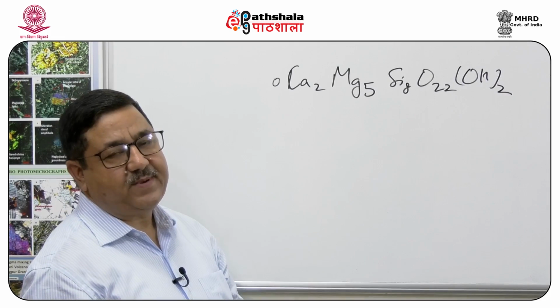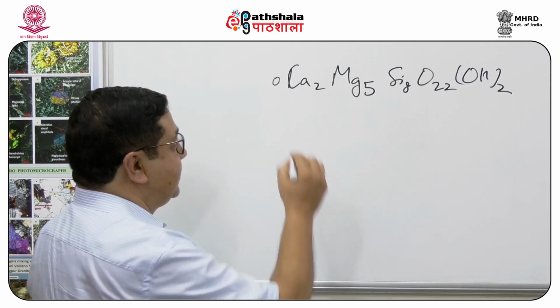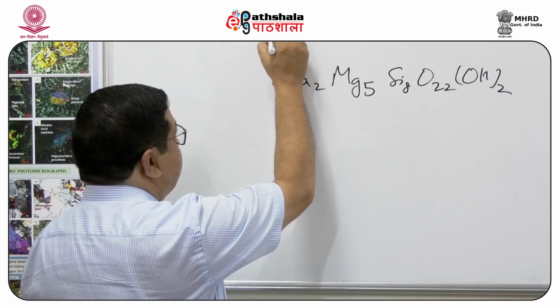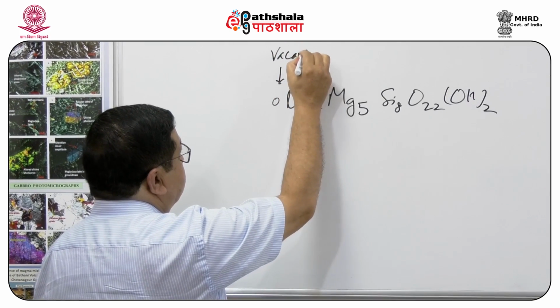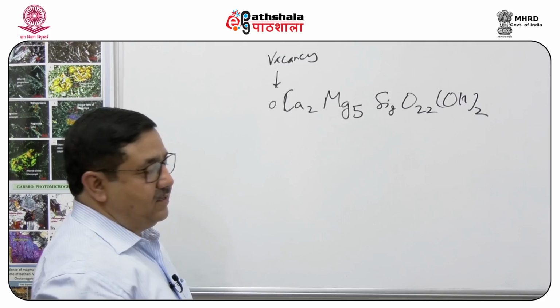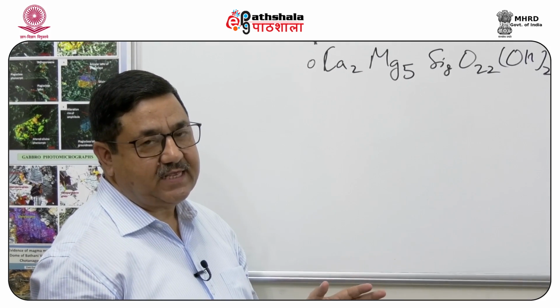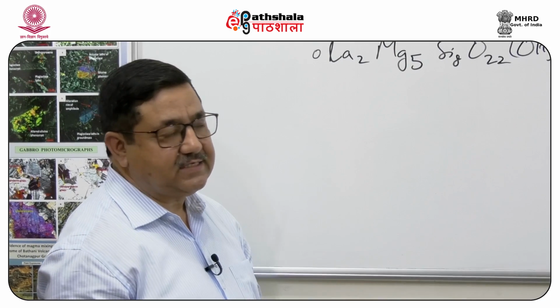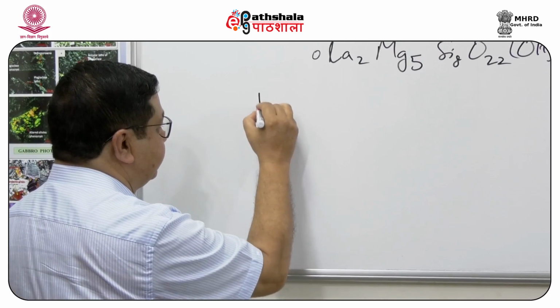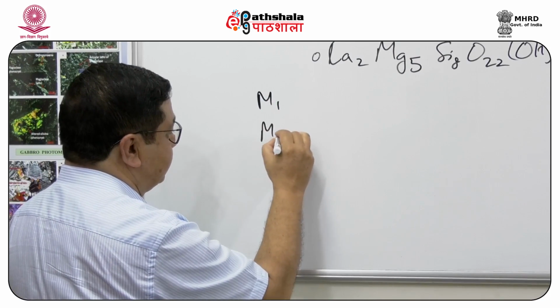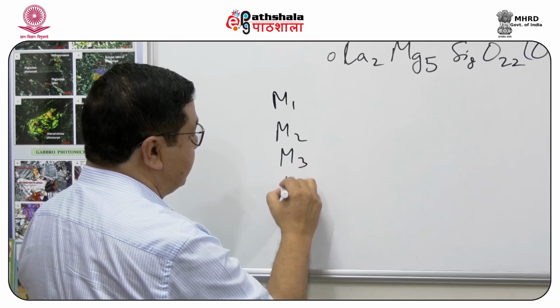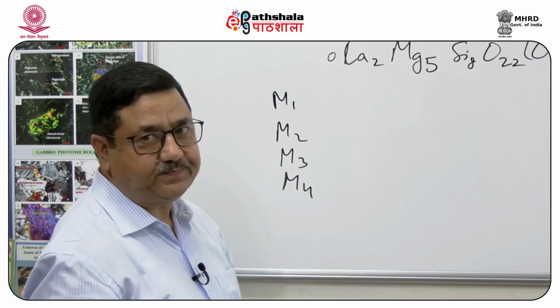Now, in a typical amphibole structure, this refers to vacancy, and there are 4 octahedral sites which are termed M1, M2, M3 and M4.